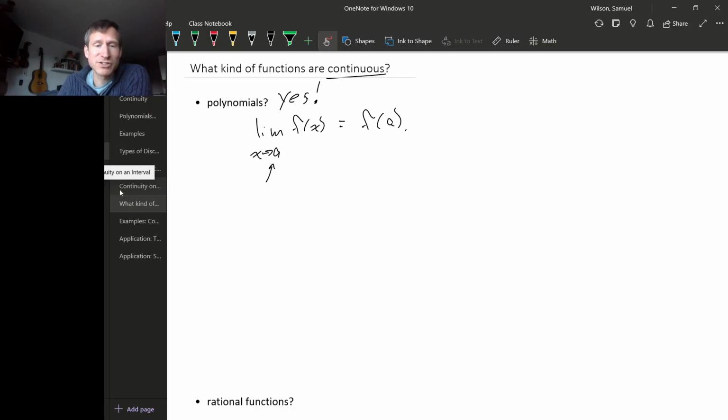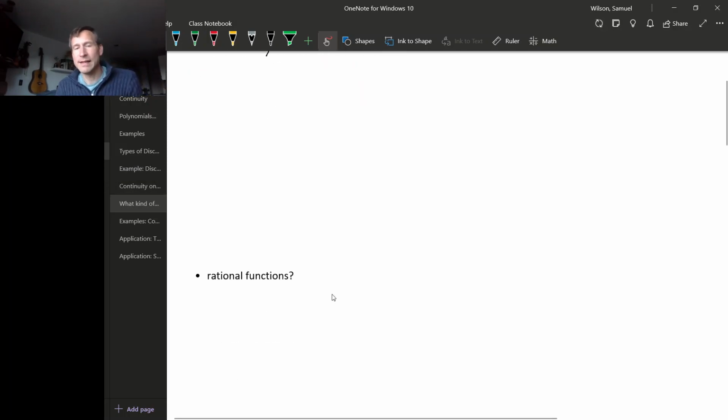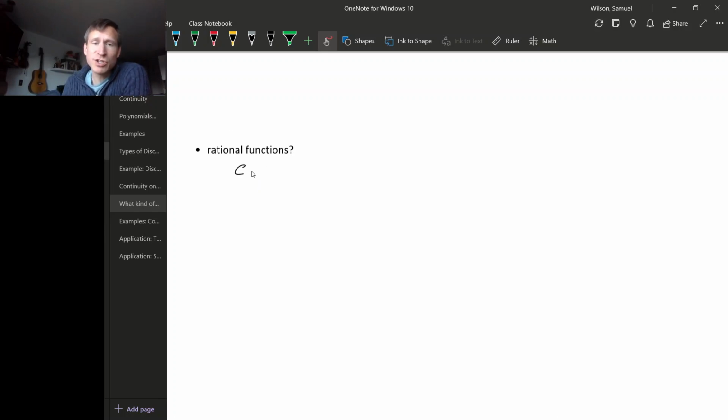All right, what about rational functions? Well, remember that for rational functions, we showed that they're continuous for all x values where they are defined. And rational functions will only fail to be defined at a few x values, just a finite number of x values, possibly 0.